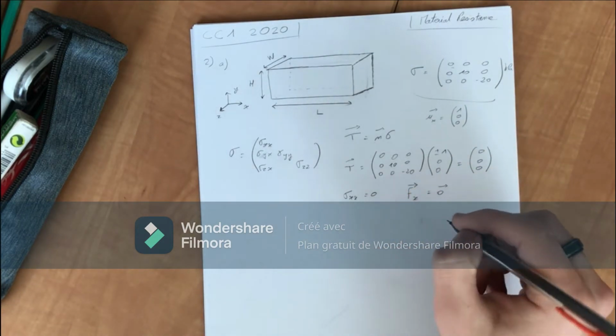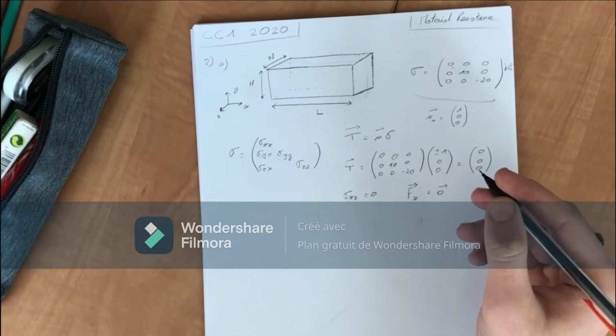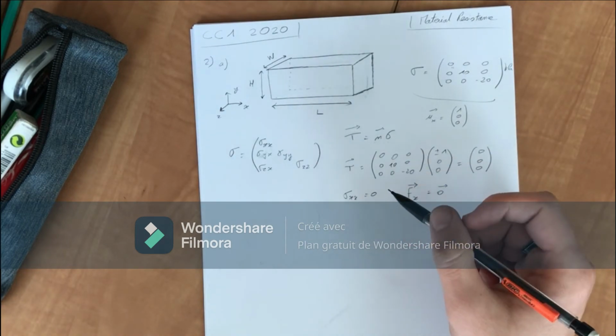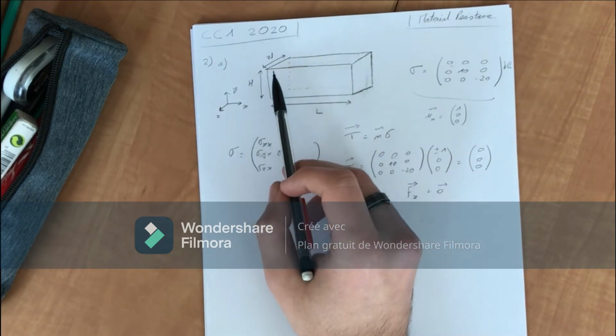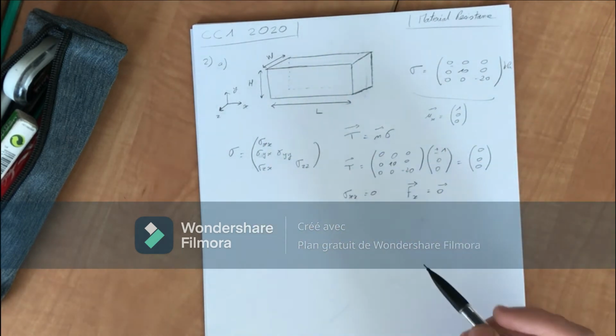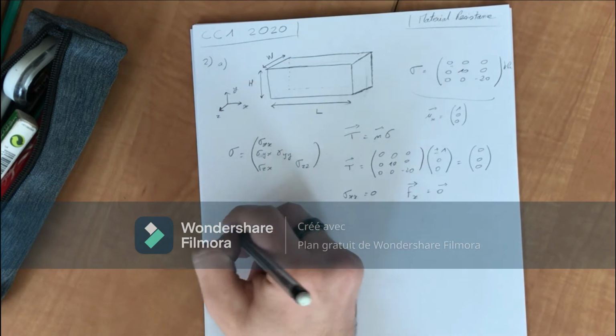Now let's do the same thing for the two other couples of faces, and of course we are going to take the faces along the y-axis, so the faces over there. Well, the same method is applied.